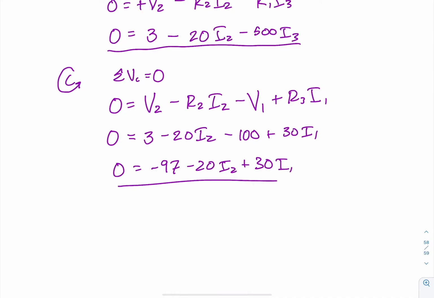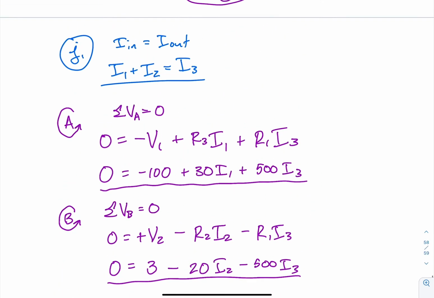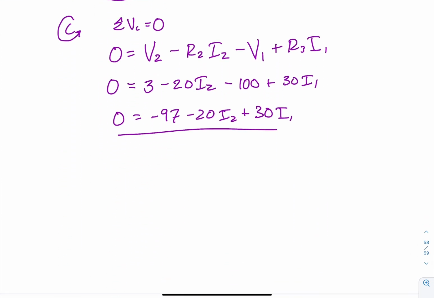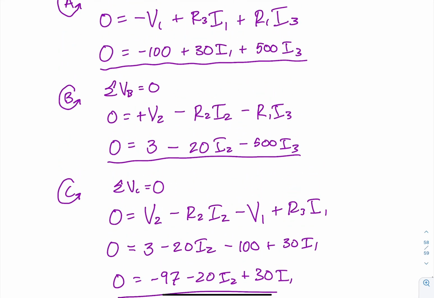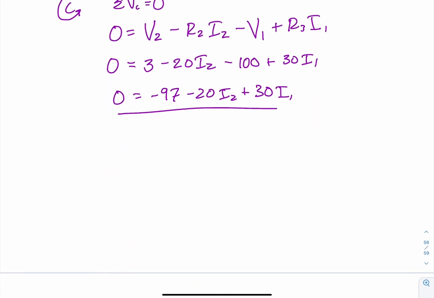And so we have, at this point, completed all of the physics for this problem. We've applied Kirchhoff's rules and gotten all of the equations that we possibly can. We really only needed 2 of these 3, but I just did all of it. And so at this point, I like to say the physics is done.